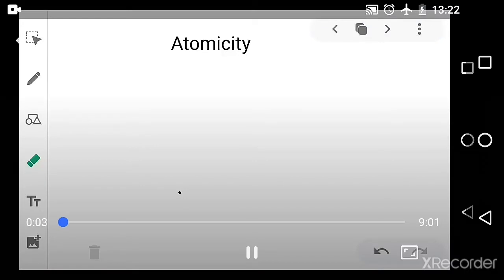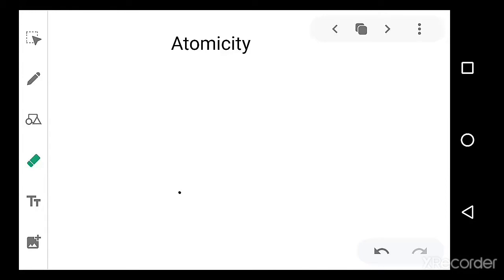Next concept is atomicity. So what is atomicity? The number of atoms in a molecule of an element is called its atomicity. Now you already know what molecules are, so from the molecules we can identify the atomicity. The chemical formula of an element is represented by the symbol of the element followed by its atomicity as a subscript.